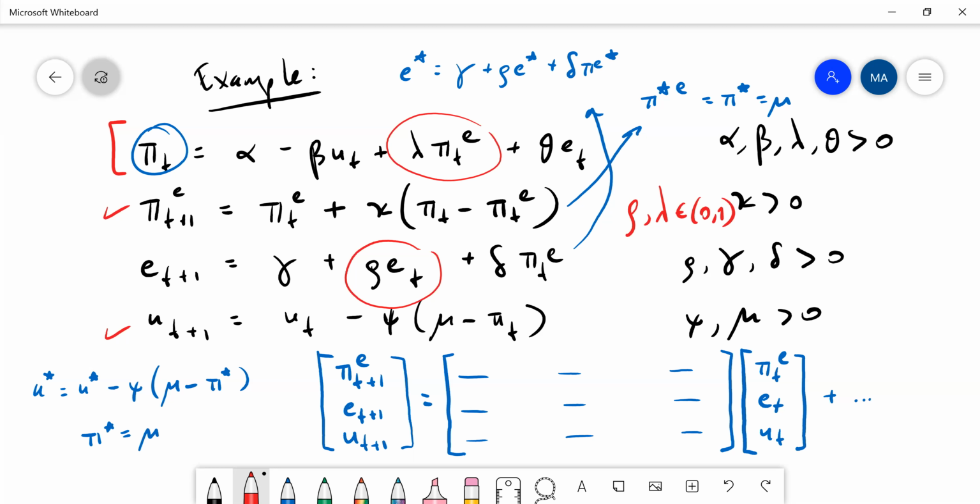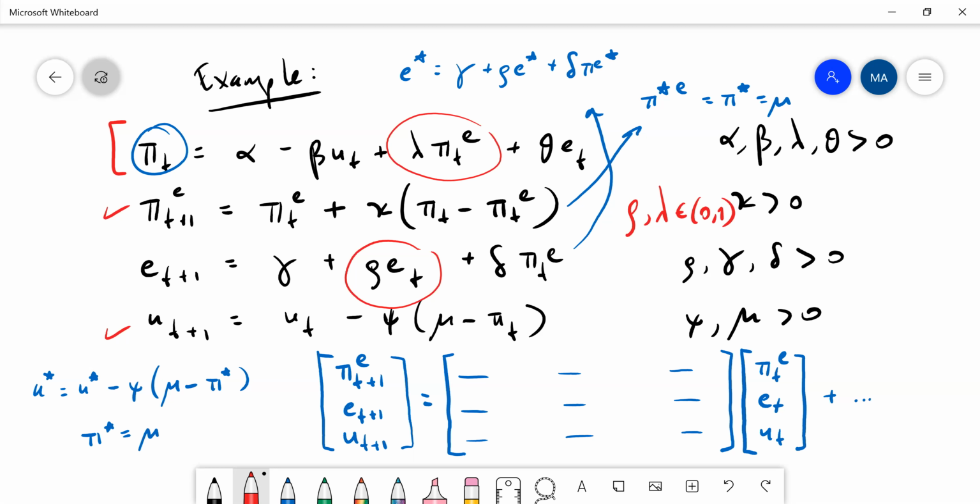There's one last thing I just want to show you about discrete time systems. Then I will be done. Is there any question about this?